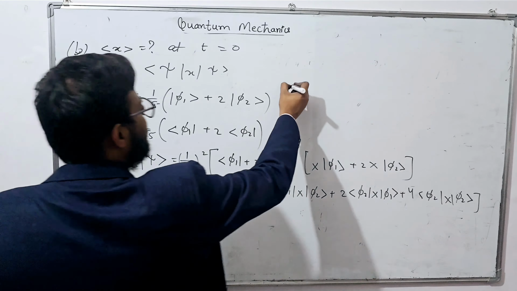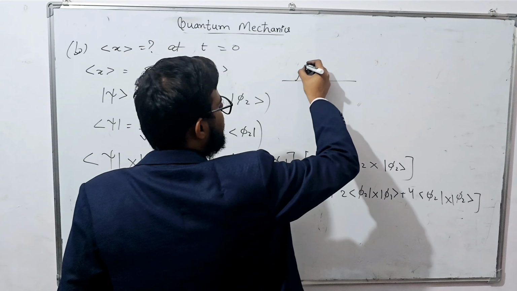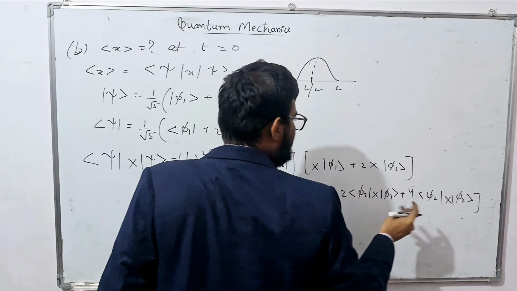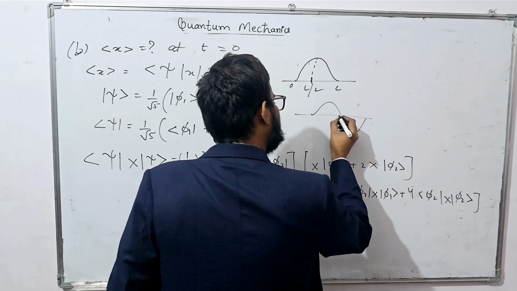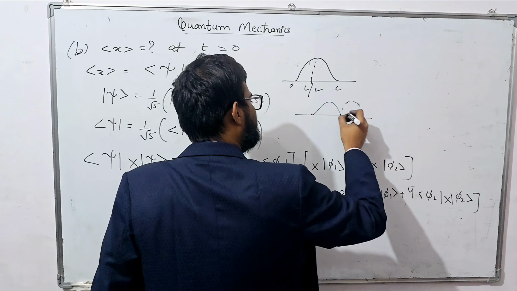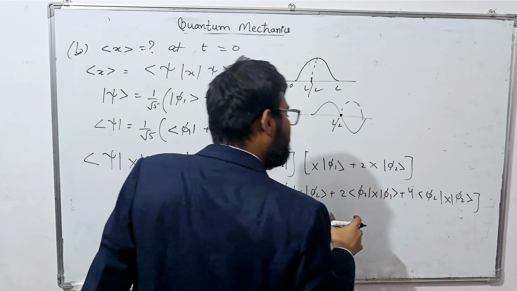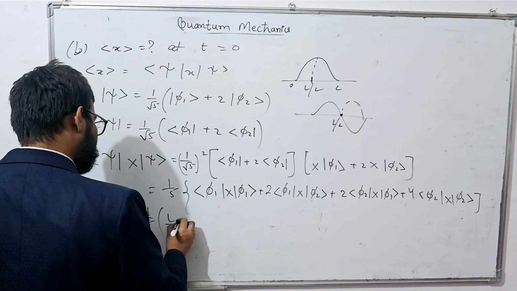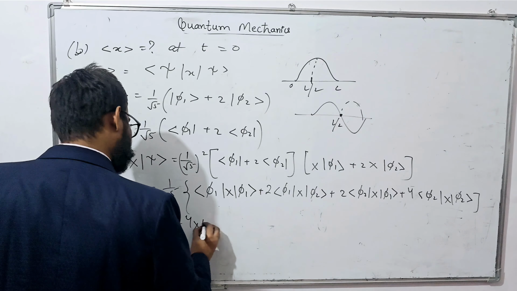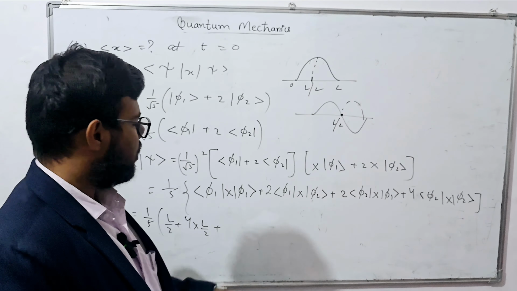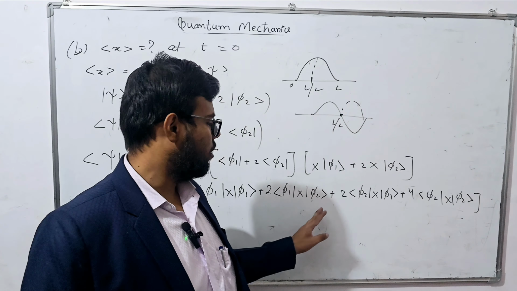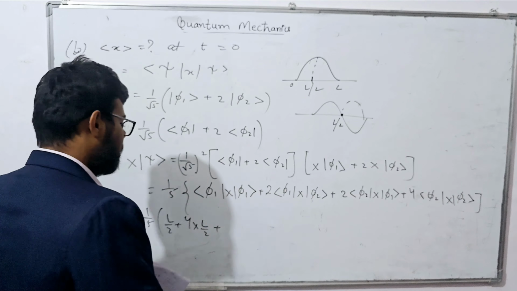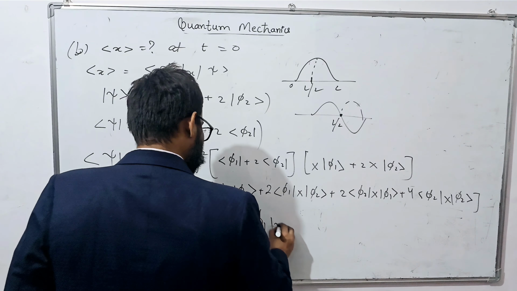The wave function for phi 1 is very much symmetric from 0 to L, so we expect the value to be at L by 2, and when you square it, again the expectation value will be at L by 2. So for both cases you will get L by 2, and this 4 into L by 2. Notice that there is no complex function over here, which means they both are equal since they are real. That's 4 times this quantity.